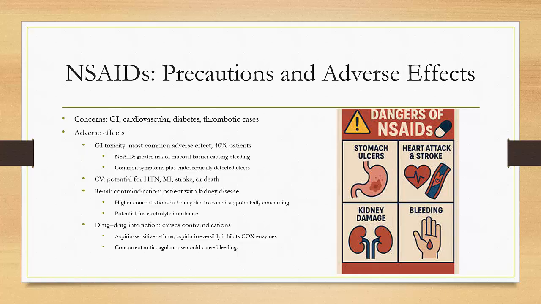NSAIDs may have a drug-drug interaction that induces hypoglycemia among pre-diabetic or diabetic patients prescribed with other drugs. Prescribers must use caution to avoid NSAIDs in patients receiving anticoagulants, systemic corticosteroids, lithium, loop diuretics, and other interacting drugs.